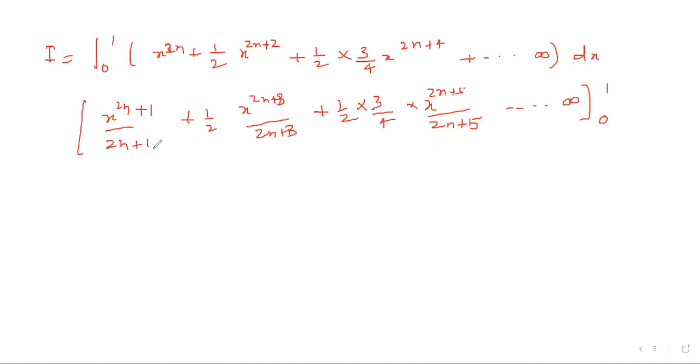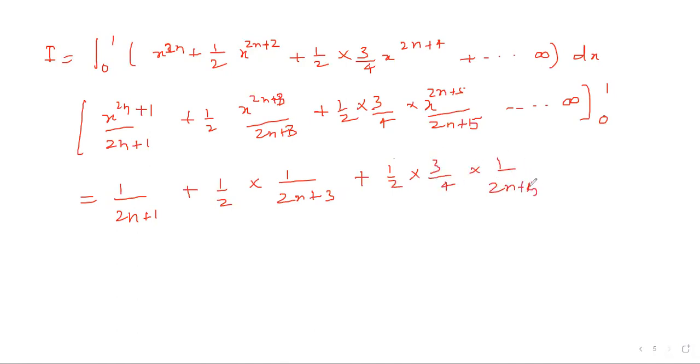So when we put 0, everything will become 0. But when we put 1, the numerator will become 1. So we will get 1 upon 2n plus 1 plus 1 by 2 into 1 upon 2n plus 3 plus 1 by 2 into 3 by 4 into 1 upon 2n plus 5 and so on.